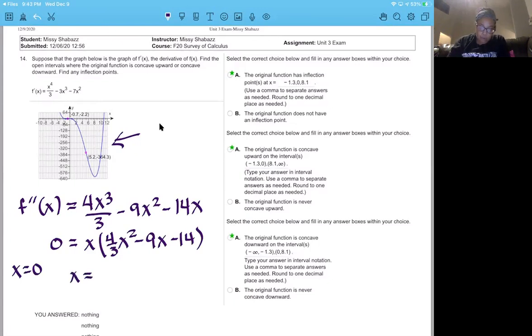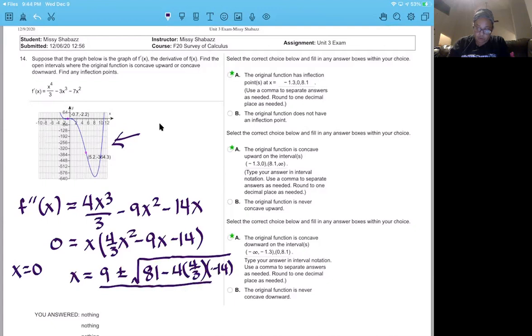So x equals negative b plus or minus the square root of b squared minus 4ac, over 2a.